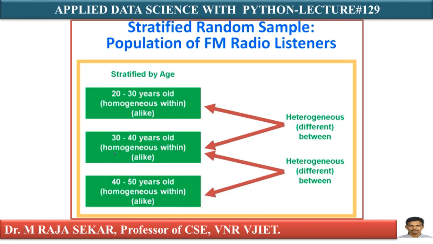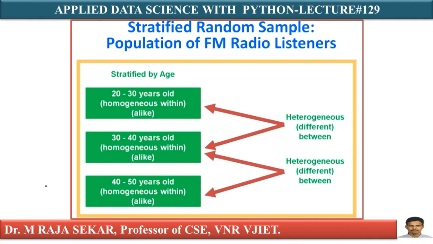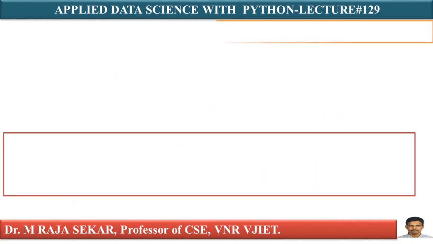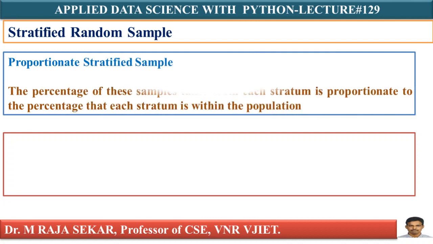If you choose some members from 40 to 50, all will have similar characters, homogeneous within the strata, so that I can find a representative from each strata. You can reduce the sampling error with this type of sampling technique. It is simple. First, you must understand what is strata. If you understand strata, understanding stratified random sampling is not a big task. It is simple and straightforward.